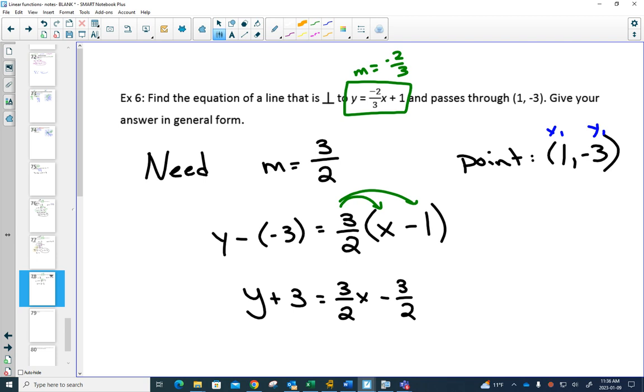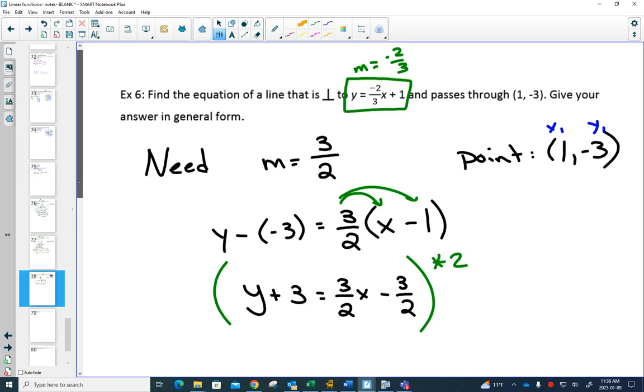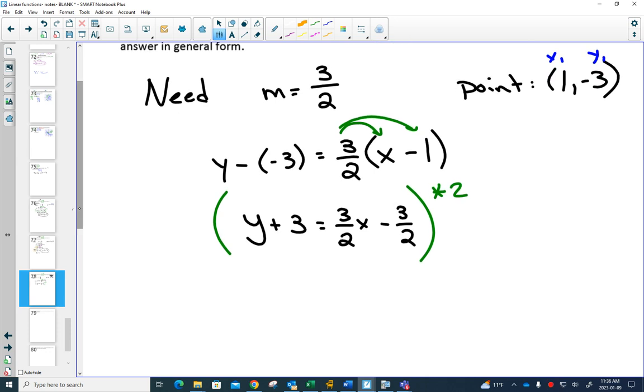And we want general form. General form has no fractions and positive x value. So I have fractions here. So I can put this whole equation in brackets and I need to multiply it by 2 to get rid of the fractions. That will give me 2y, 2 times 3, that'll be 6. Here the 2's will just get rid of the fractions, become 3x.